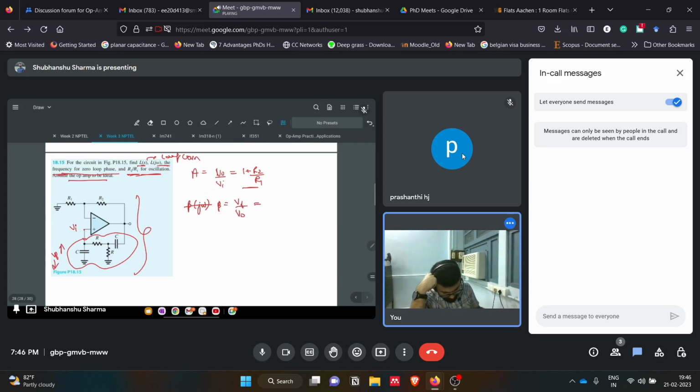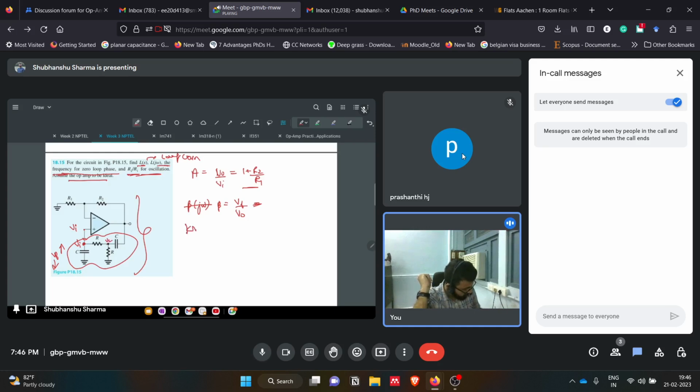We will simply use nodal analysis here. We'll apply KCL at node Vi, this is Vi, and this is V2.